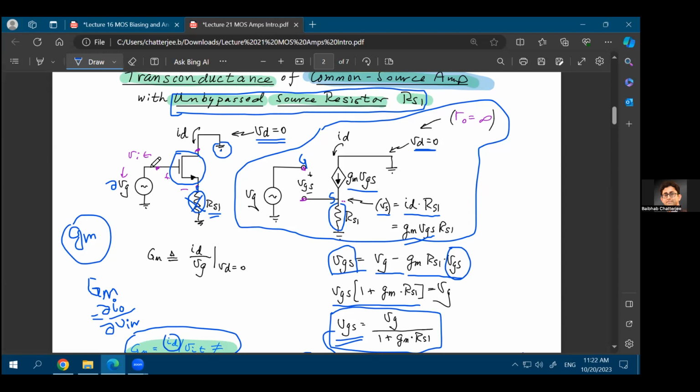But the voltage that you apply at the gate terminal is not the same as the VGS. Because of the degeneration, the VGS will be different from the gate voltage. So capital GM is the transconductance of the entire system, whereas small gm is the transconductance of just the MOSFET. Okay, so if you can remember that, I think the rest of the discussion will become very clear.